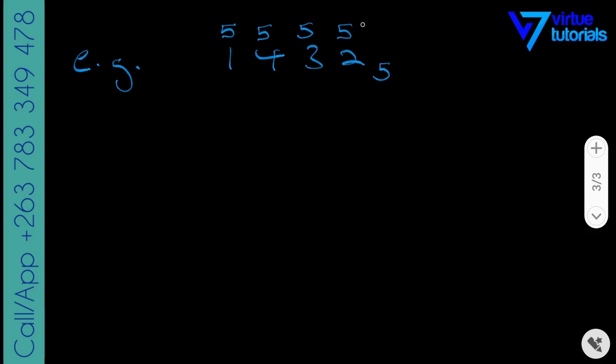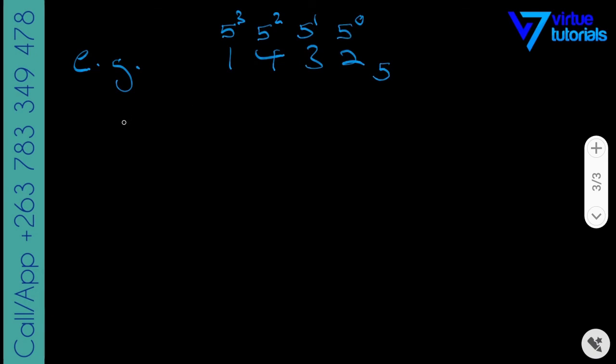Again, we put powers to these 5's, starting with power 0, power 1, power 2, power 3. Now this whole thing here is equal to 1 times 5 to the power 3, plus 4 times 5 to the power 2, plus 3 times 5 to the power 1, plus 2 times 5 to the power 0.